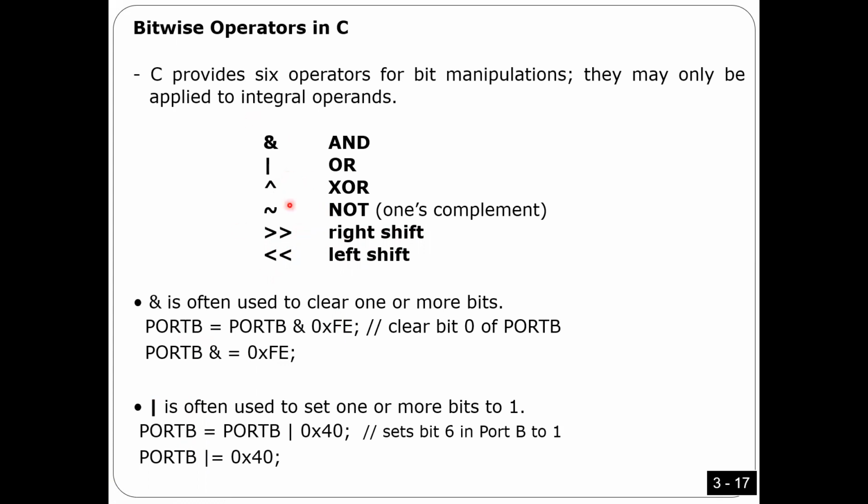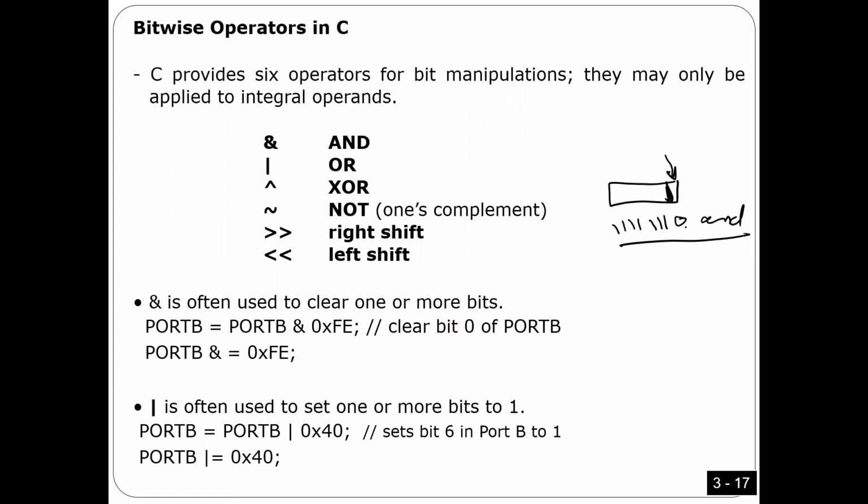So now I'm going to give you an example of how you can use these operators, similar to what we did in assembly. Let's start with AND. Remember, I told you before, AND is used if you want to clear some bits. I explained it before, and the same thing we're going to do right now. If this is a port or a byte or whatever, and I want to clear this bit and not change the other bits, I'm going to put 0 here, and then 1, 1, 1, 1, 1, 1, 1, and use the AND operation.